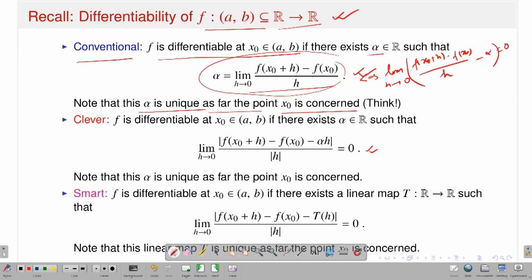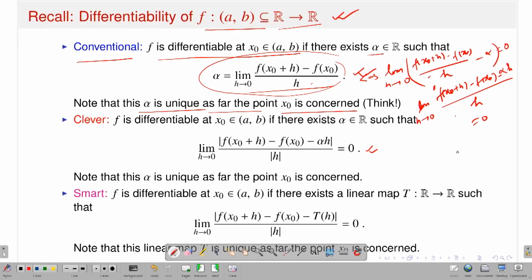I am just moving alpha from one side to the other. Then this is the same as the limit as h approaches 0 of f of x naught plus h minus f of x naught minus alpha h, divided by h, is 0. The h gets cancelled, only alpha remains. I am just writing the same object in two ways.